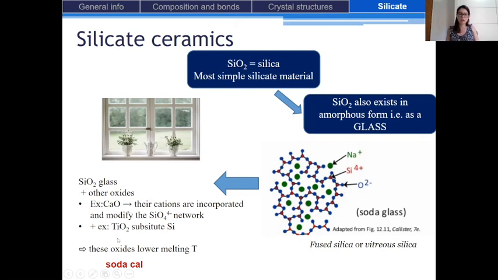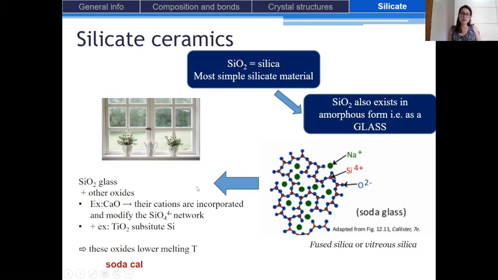And other kinds of oxides, like titanium oxide, will enable substitution of silicon and stabilize the glass that is formed.